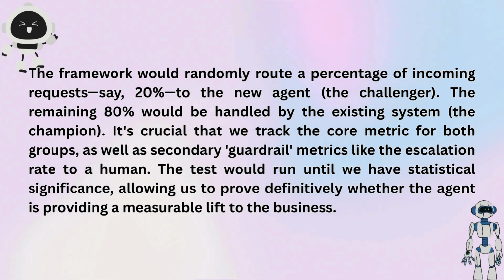The remaining 80% would be handled by the existing system, the champion. It's crucial that we track the core metric for both groups, as well as secondary guardrail metrics like the escalation rate to a human. The test would run until we have statistical significance, allowing us to prove definitively whether the agent is providing a measurable lift to the business.